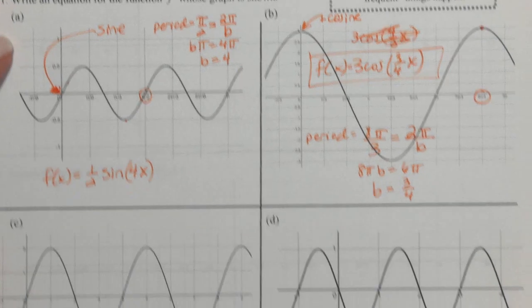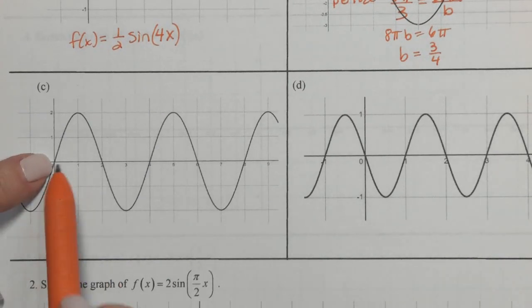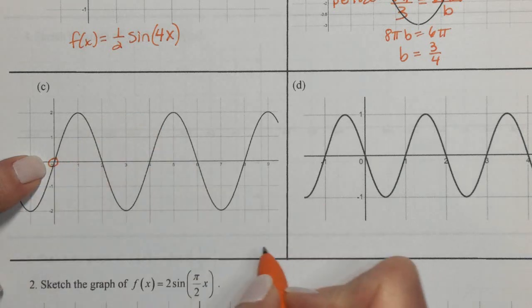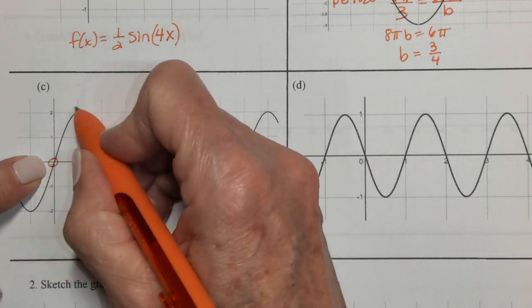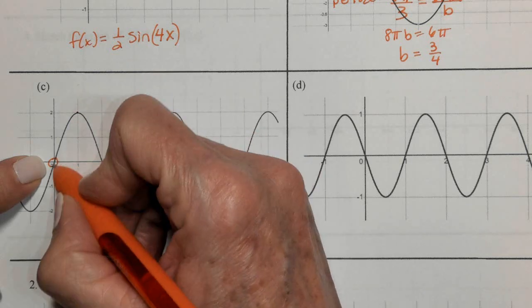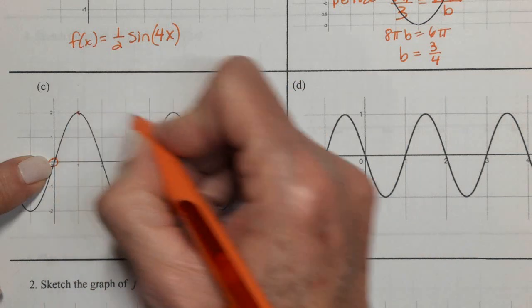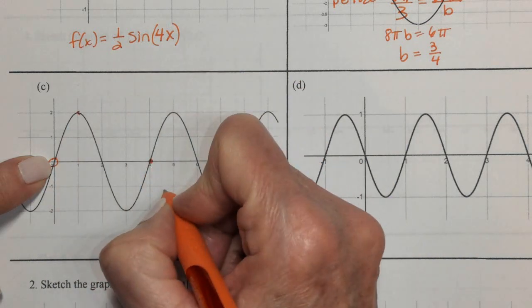All right, let's do another one. I would probably call this a sine curve because it starts at the origin. The amplitude is 2. It's going up, so it's going to be a positive sine. Starts at the origin, goes up, so positive sine. Amplitude is 2. The period is 4.